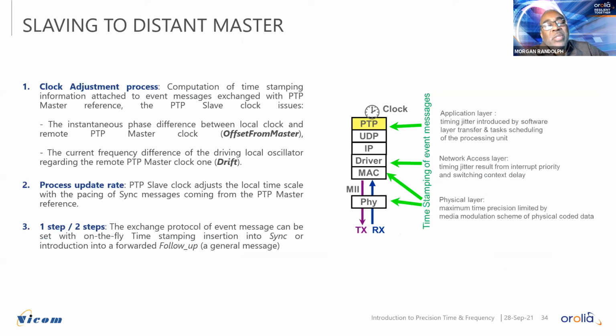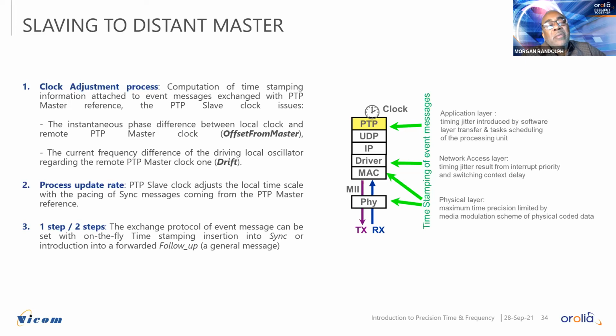So basically this is really what's happening on the protocol stack as you're going up and down the protocol stack. You've got the clock adjustment process, compilation of time stamping information attached to each message exchange with the PTP master. The reference the PTP slave clock issues: it's got the instantaneous phase difference between the local clock and the remote PTP master.